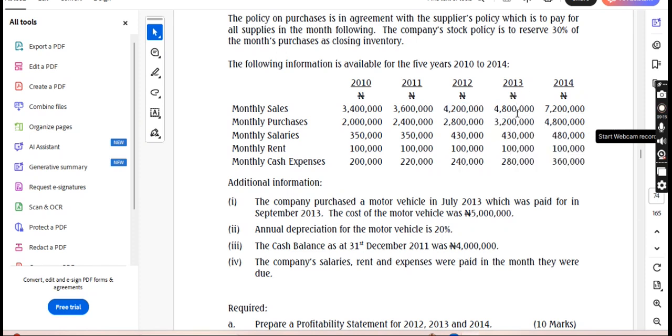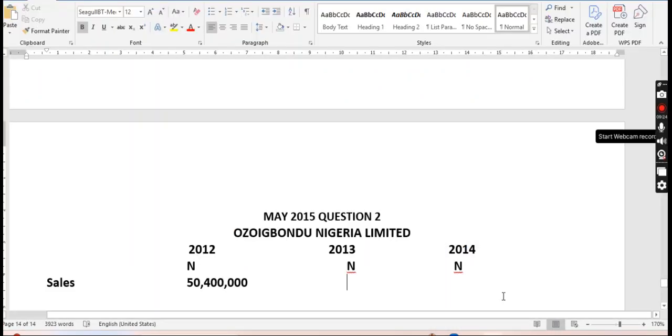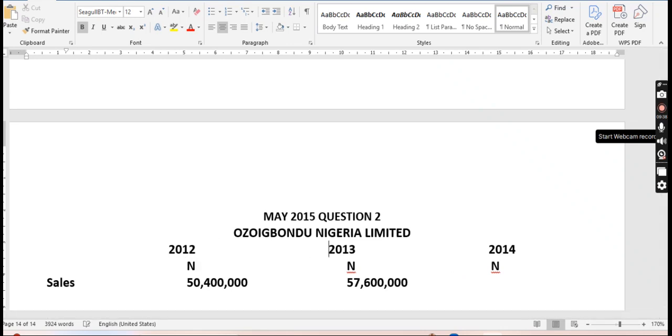What do you have quickly? 57,600. I will not buy this working because it's our normal working, so I don't need to stress myself like that, so you can do that.